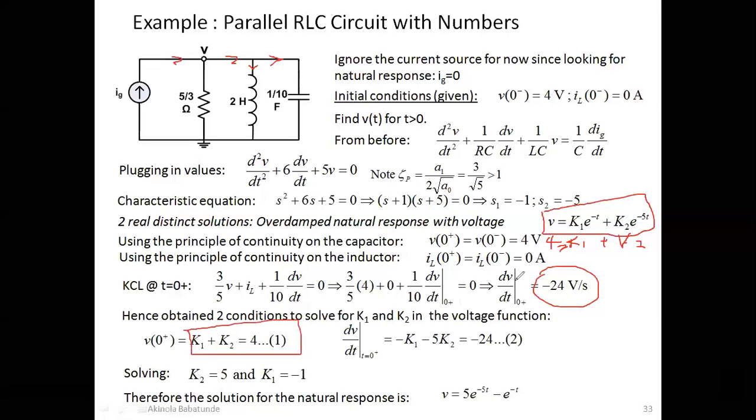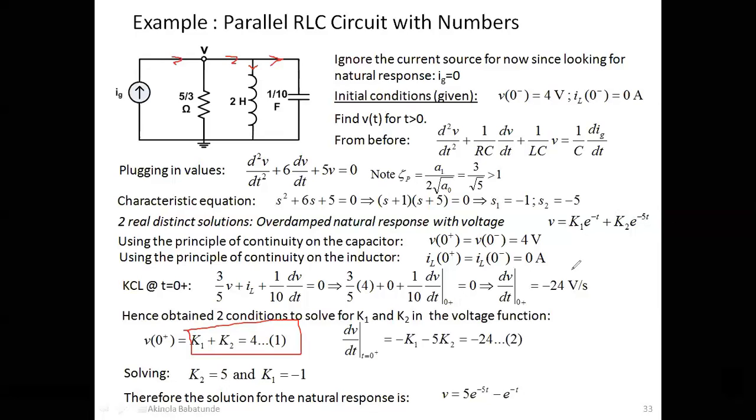Also, in this particular scenario, dV/dt at t equal to 0 plus, don't forget, we can differentiate these two. When you differentiate these, what would it give you? You would obtain minus K1 exponential minus t minus 5K2 exponential minus 5t, which will be equal to dV/dt.